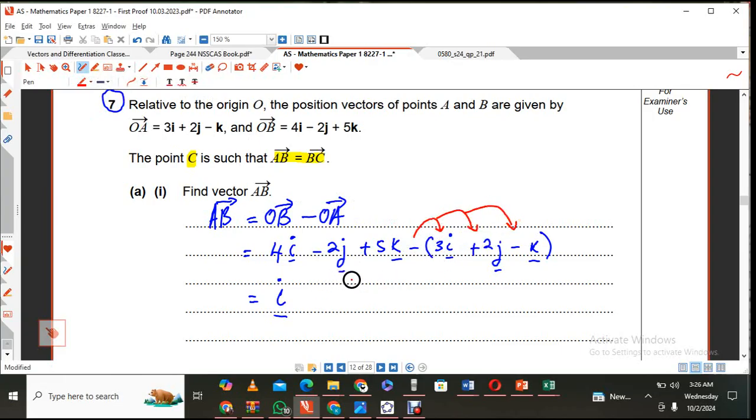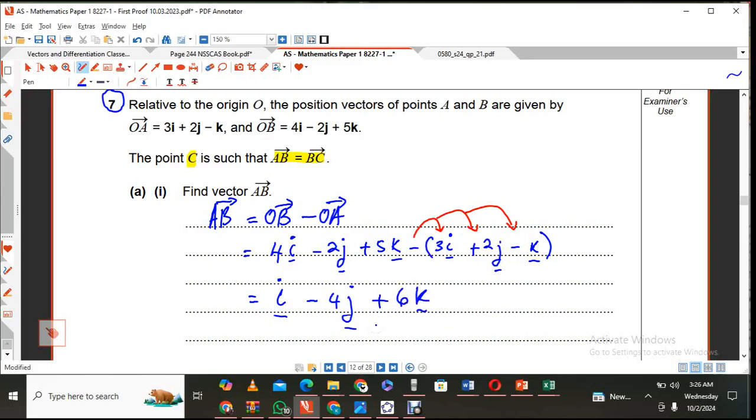At this moment, I don't expect you to write it out, but you can do that if you want to. I'm just going to work directly from here. All right, so we're then left with minus 2 here. That would be minus 4J. And then you have 5K minus K. So that's the same as addition. And this is the answer.